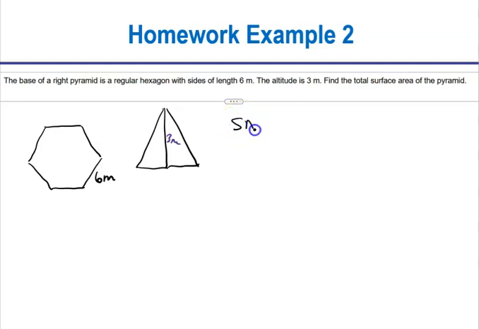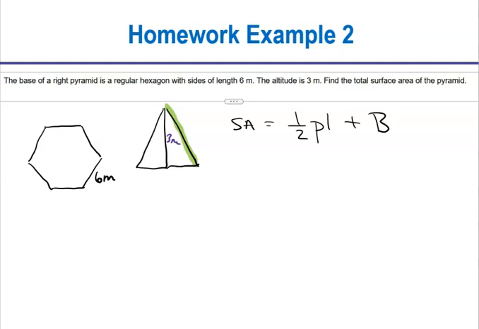So surface area is 1/2 PL plus B. What is all that stuff? Okay, so P, remember, represents perimeter. L represents the slant height. Ooh, that's the slant height. They didn't give us that, by the way. Plus B represents your base.